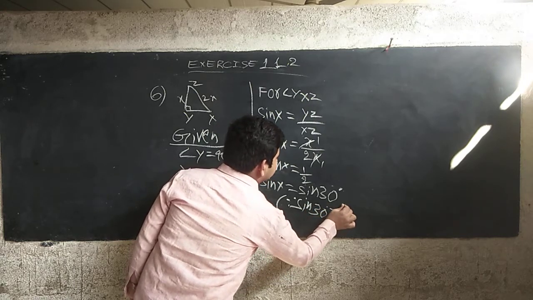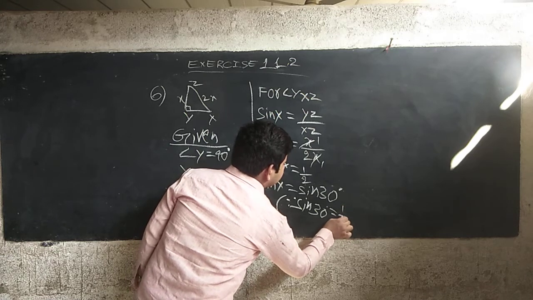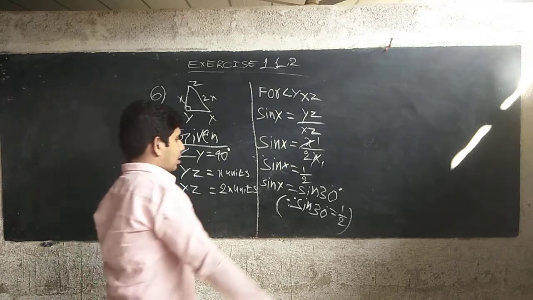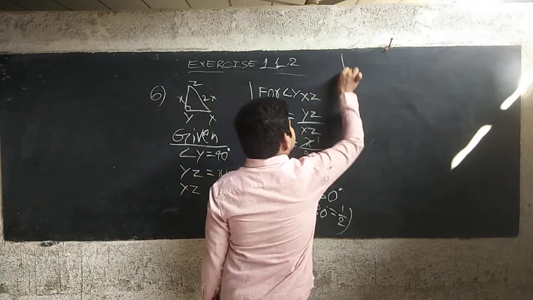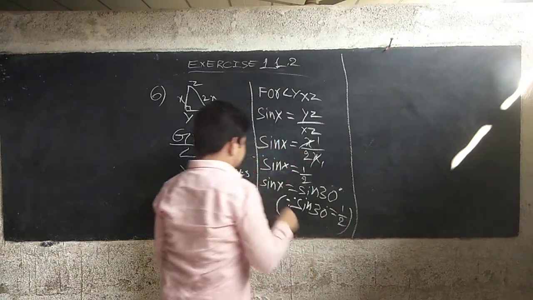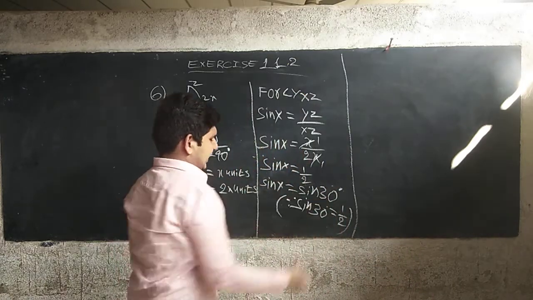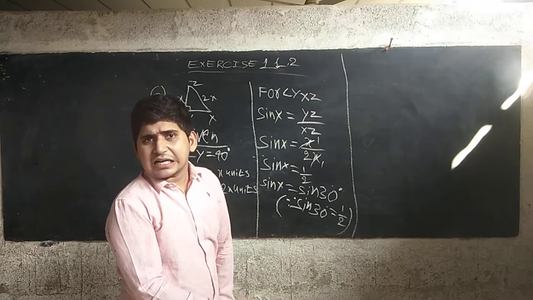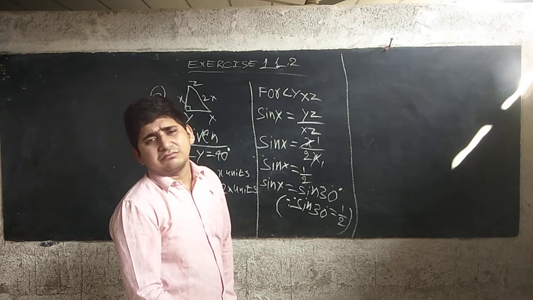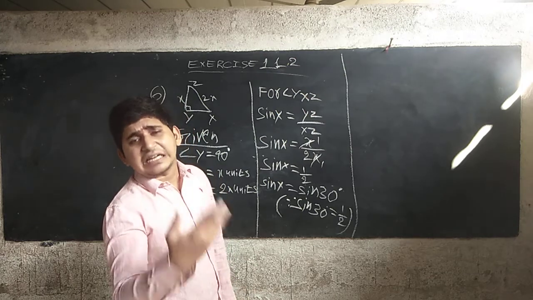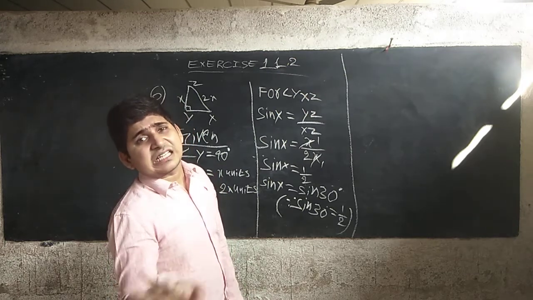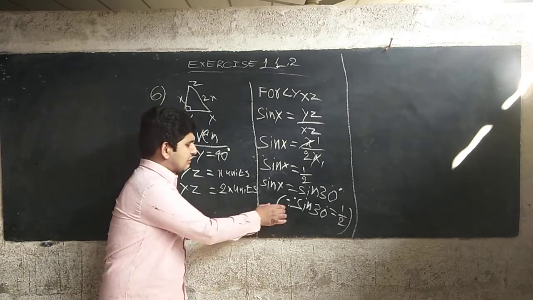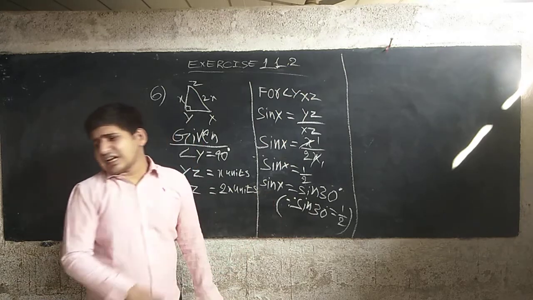Now sin x equals sin 30 means what? x equals 30 degrees. If sin theta 1 equals sin theta 2, then automatically theta 1 equals theta 2. That concept we are using here. So according to that concept, angle x equals 30 degrees.